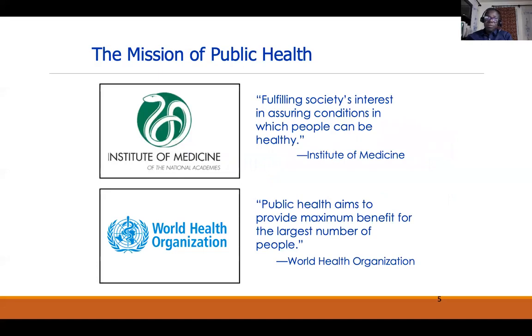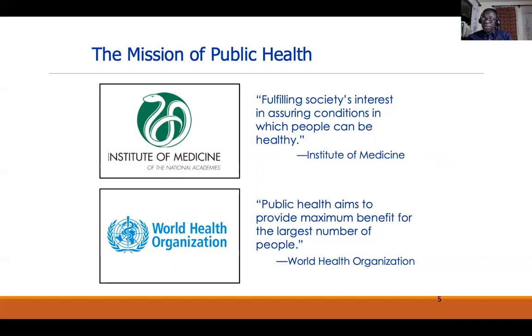The mission of public health, according to the Institute of Medicine, is fulfilling society's interest in assuring conditions in which people can be healthy. Similarly, the World Health Organization stresses that public health aims to provide maximum benefit for the largest number of people.